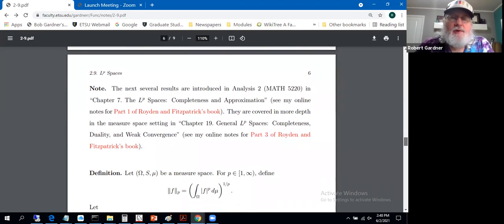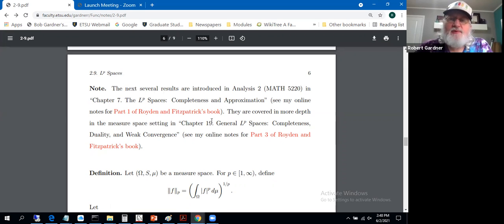All right, now we're going to shift gears and talk about stuff in the title of the section, talk about the LP spaces. So when we're taking integrals, you probably want to be thinking Lebesgue integrals, though these are done and spelled out in terms of measure spaces. So it could be something a touch more abstract. The next several results are covered probably in Analysis 2, Chapter 7, the LP spaces, completeness and approximation.